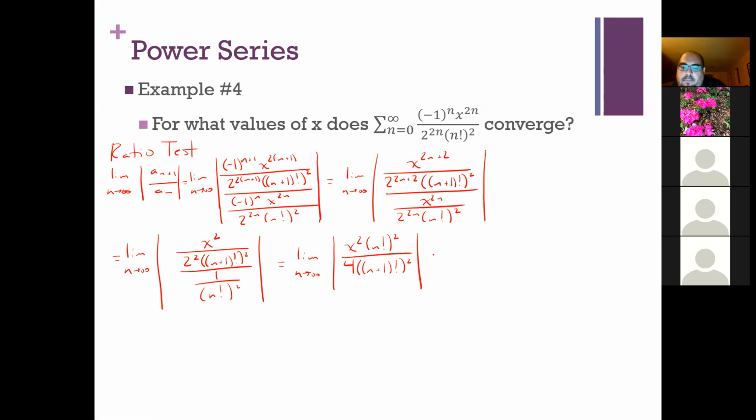Okay, let's go ahead and keep simplifying. All right, so getting rid of that factorial will hopefully make this finally possible to evaluate.